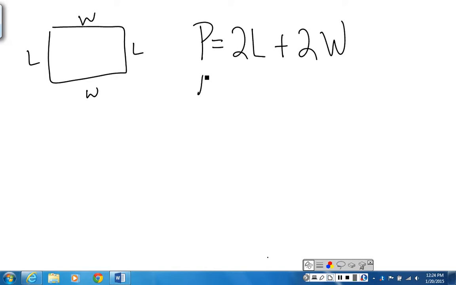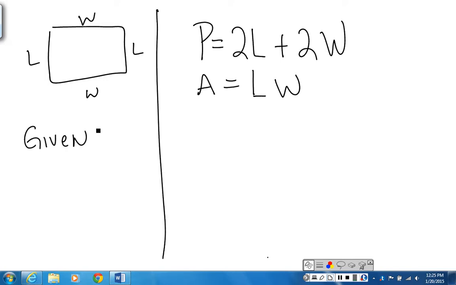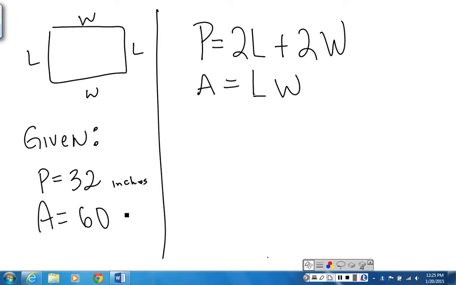And the area would be L times W. Now notice that they gave us some information. Given, let me write given over here. Given that P equals what? It's actually 32 inches, right? Alright, A equals 60, right? 60 square inches.